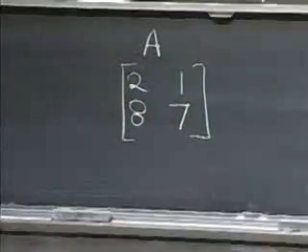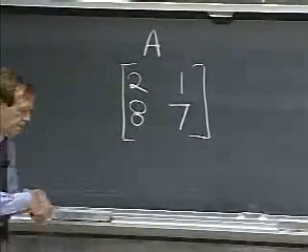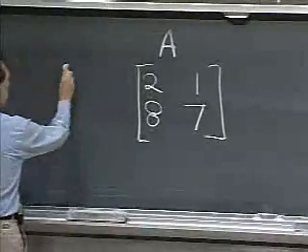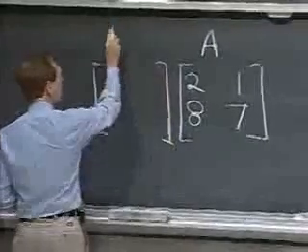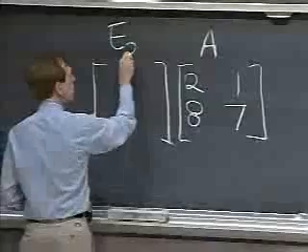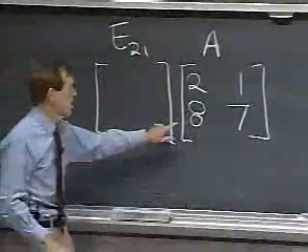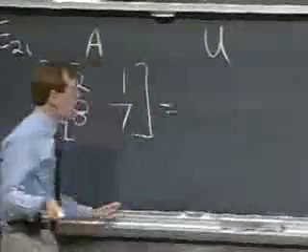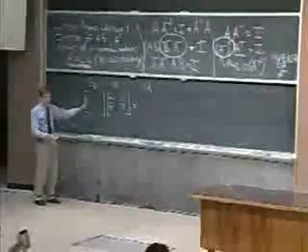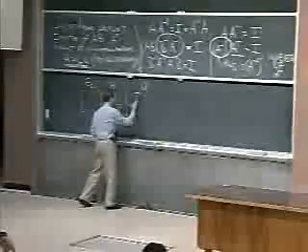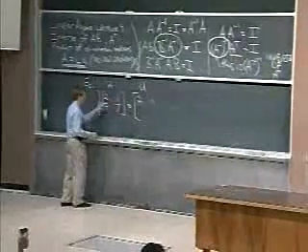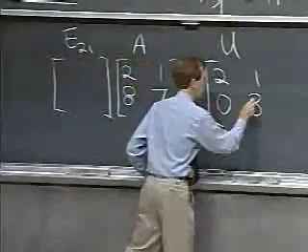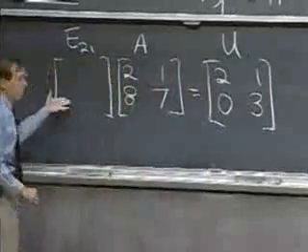Okay, now I want to operate on that with my elementary matrix. So what's the elementary matrix? Strictly speaking, it's E21 because it's the one that's going to produce a 0 in that position, and it's going to produce U in one shot because it's just a 2 by 2 matrix. So 2, 1, and I'm going to take 4 of those away from those, produce that 0, and leave a 3 there, and that's U. And what's the matrix that did it?